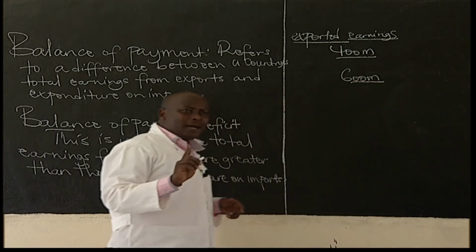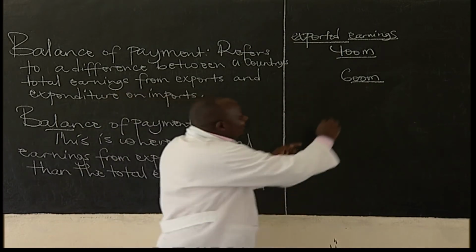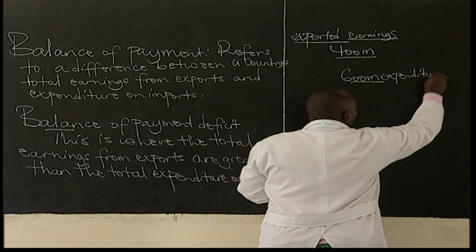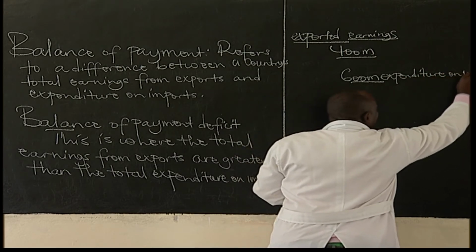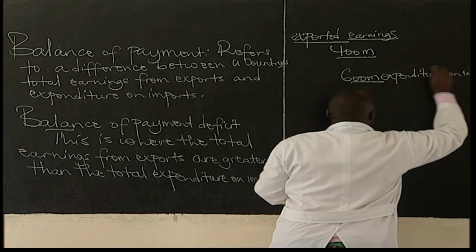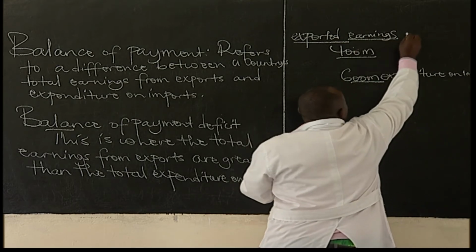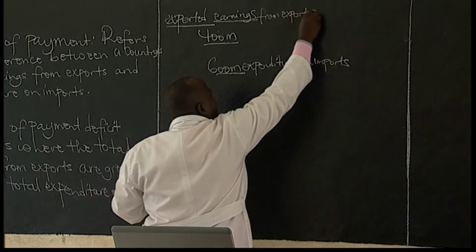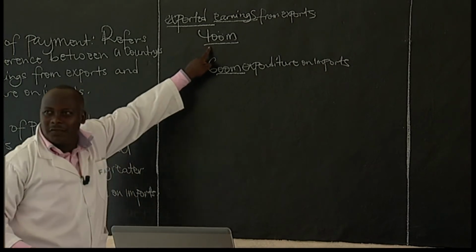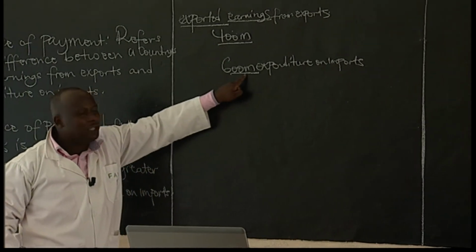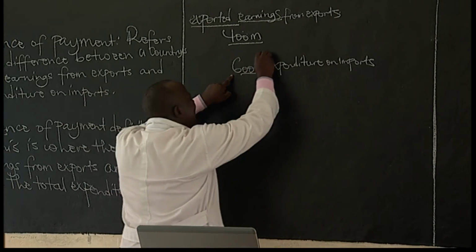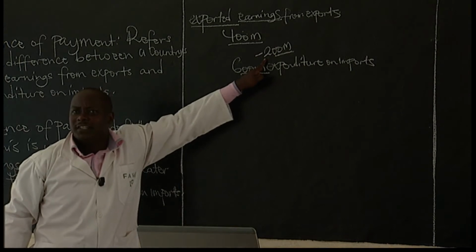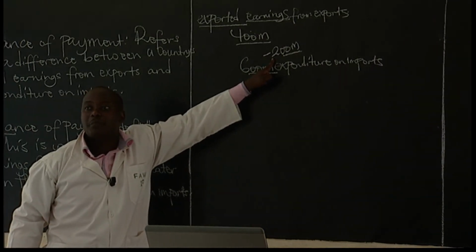To get the balance of payment, we take the earnings from exports and subtract the expenditure on imports. We shall get a negative 200 million. This is a deficit. There is a problem.